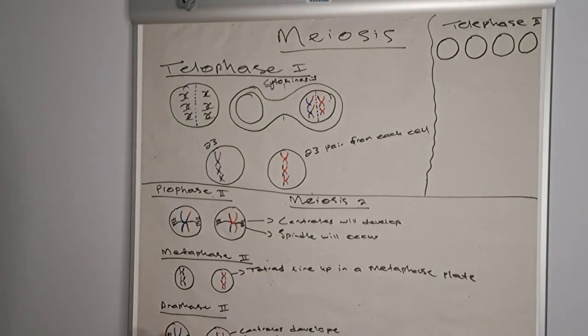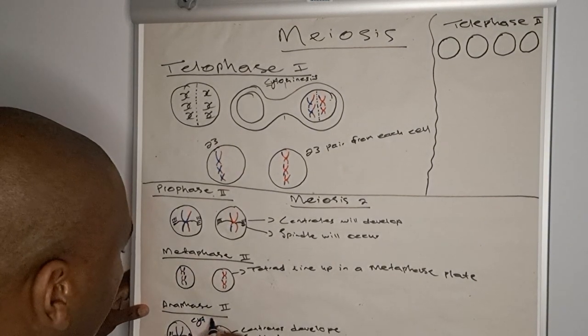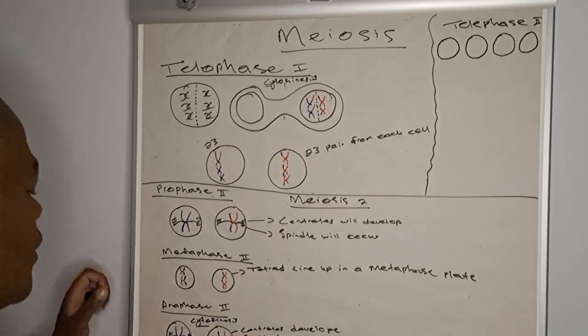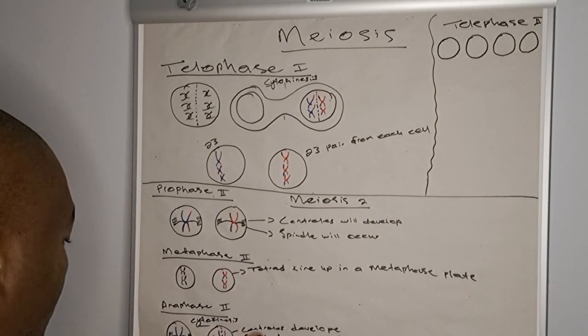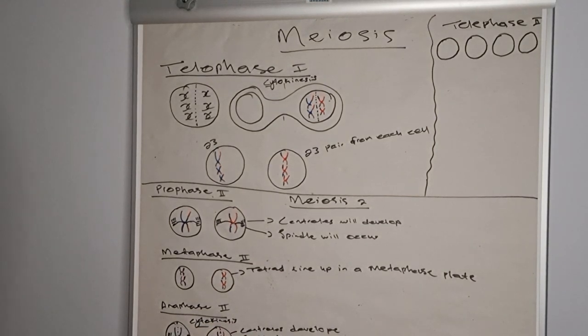Pulling apart will take place in anaphase 2 as a result of this particular cytokinesis, ne? Cytokinesis is the line that will come and occur here in the middle, and then it will start pulling them apart. But now let's look.